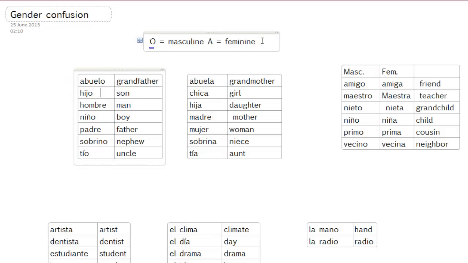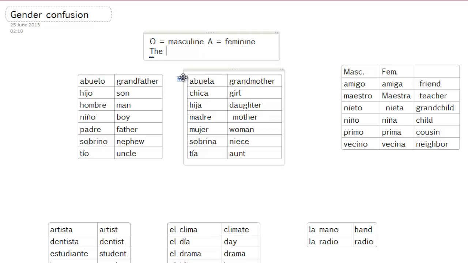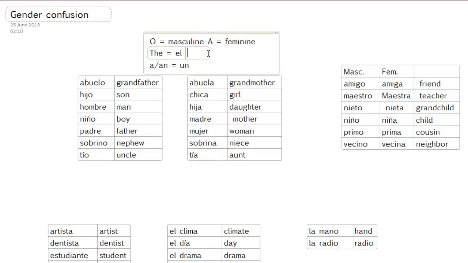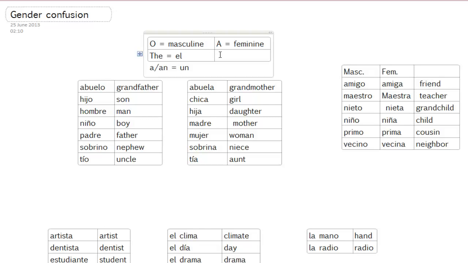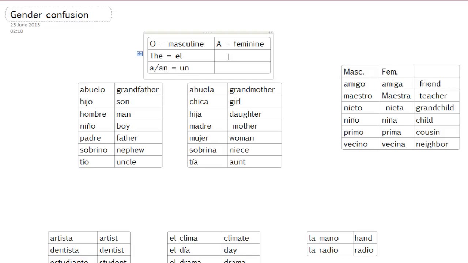So when it's masculine, if you use the, which is equal, oh, my lovely computer's going haywire, equals el, and la, and for the feminine, oh, we can do that. That's good.